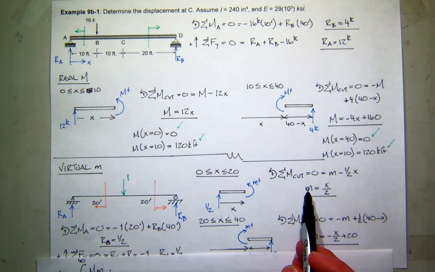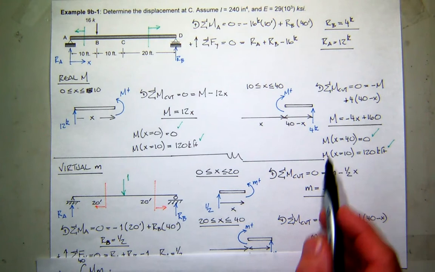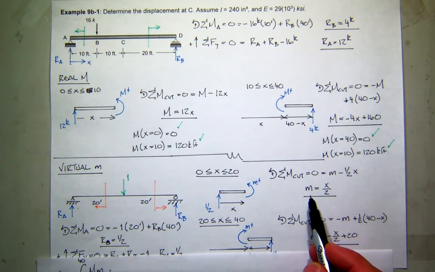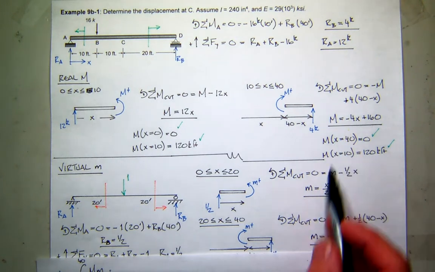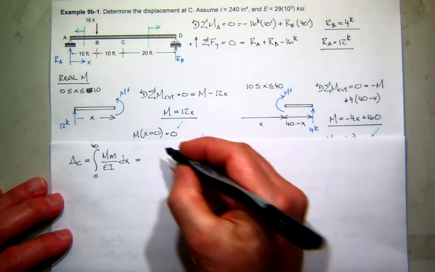And then I'm going to have to go from 10 to 20, switching to this real moment, still matched with this virtual moment for the 20. And then finally switch to this real moment and the second one. So that's 3 segments.